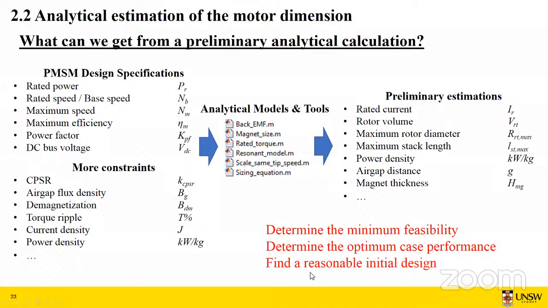Maybe your initial design can just satisfy all the requirements. And if the performance of your initial design is very close to the design expectations, then it will save a lot of your time and work to optimize to meet the requirements.